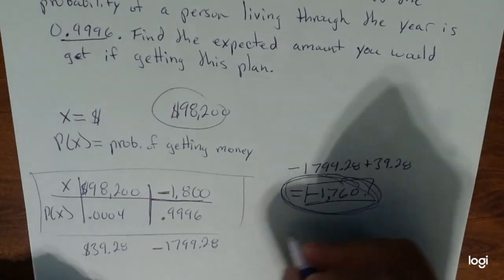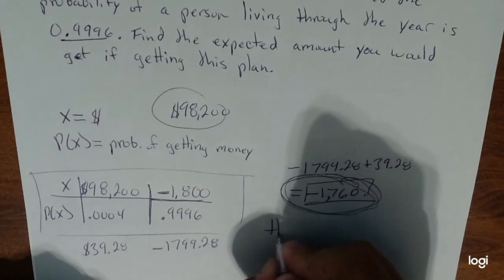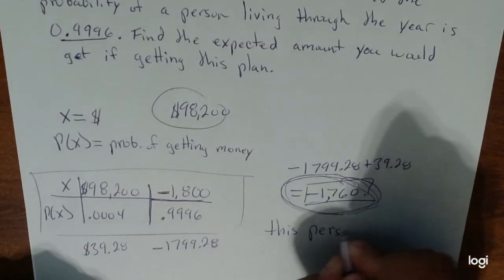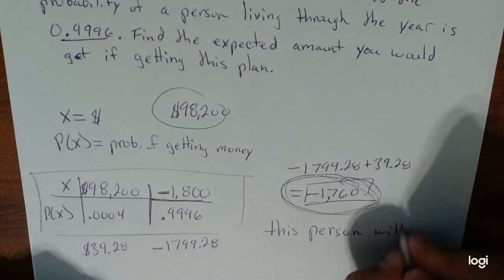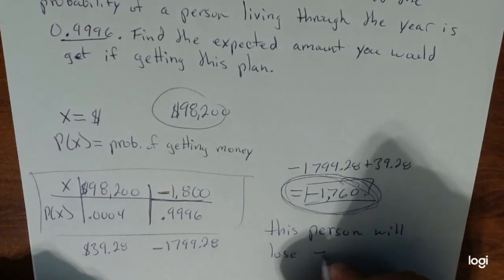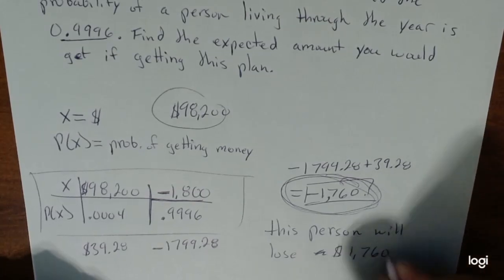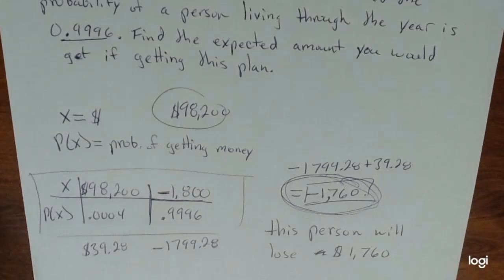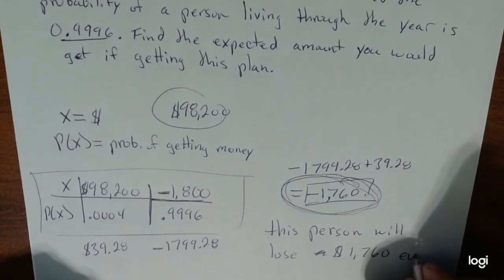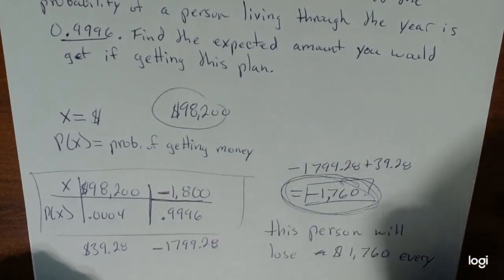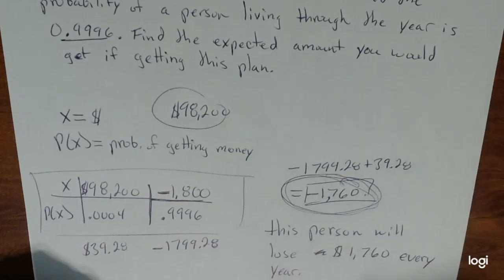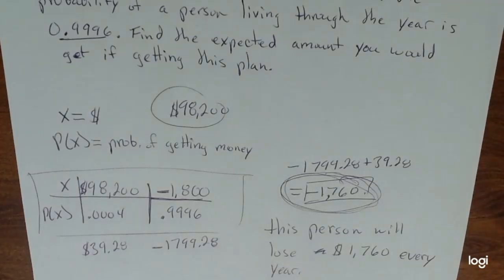So this person will lose $1,760 every year as long as they're alive, which is pretty crazy, huh? So, a fun little example illustrating insurance companies and things like that.